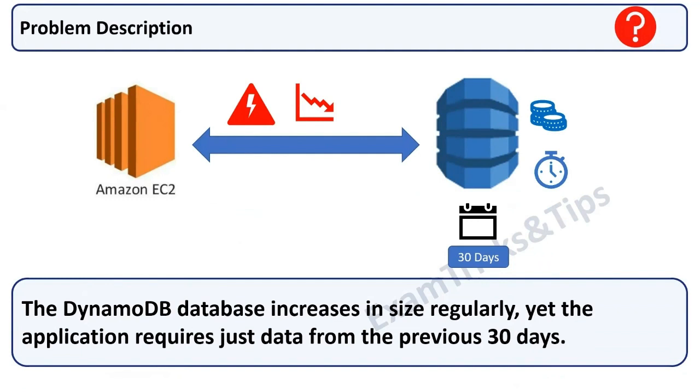But because the application has become so huge, as the database increases, you will have problems in querying. You may not get the right response because you're looking for a day which is 30 days old, and maybe you have data which is 5 years old. So you're unnecessarily doing queries on that data, which is not even required for any of the operations.